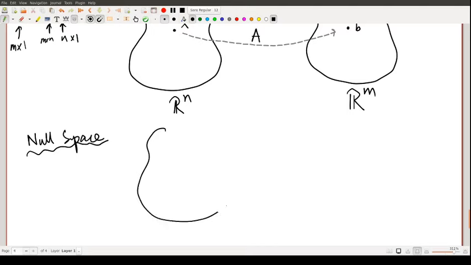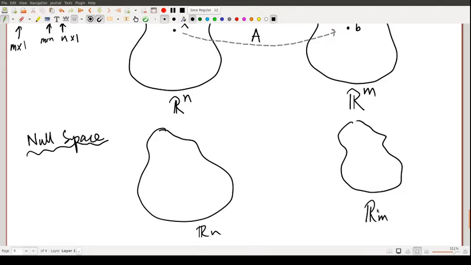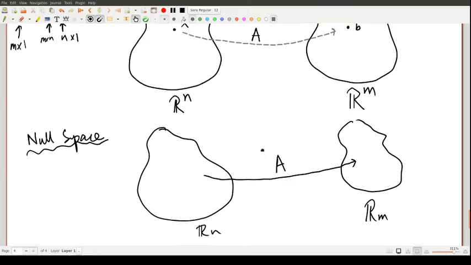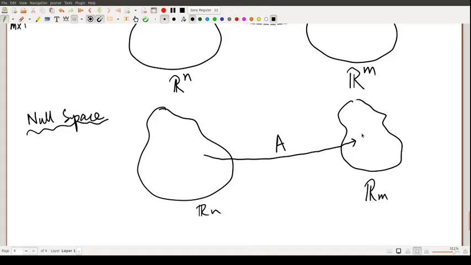Let's make another diagram. We have Rn here and Rm here. So I'm solving the homogeneous equation Ax equals 0.